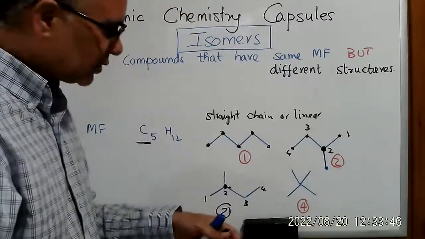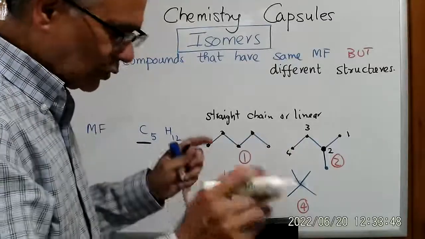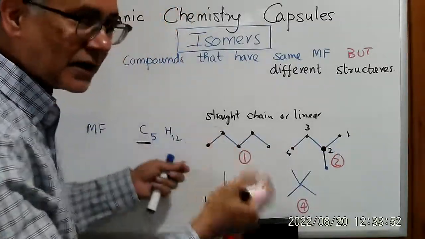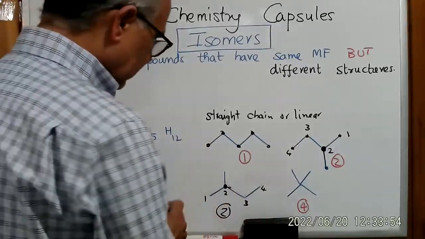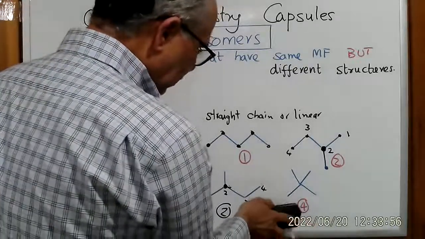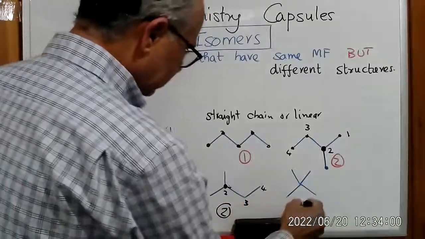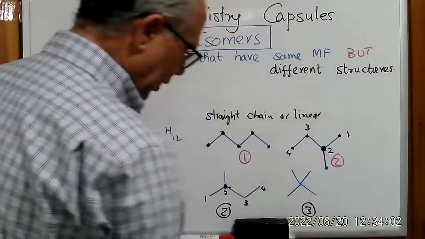So there's no different structure 3. You get the point, right? Structure 2 and whatever I wrote as 3 are identical. They're not different. Then, previously I had structure 4, so that becomes a different structure, a different compound.